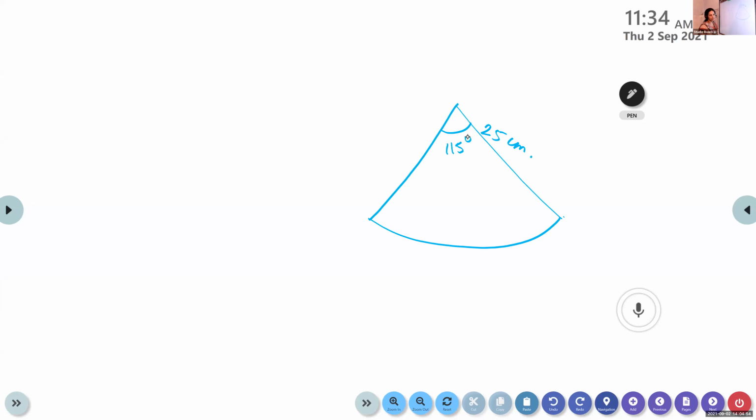Two blades are there. And we are asked to find the total area cleaned at each sweep of the blades. That means what we have to find here? How will you find the area? Total area.